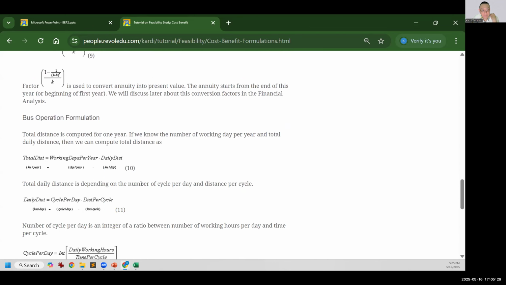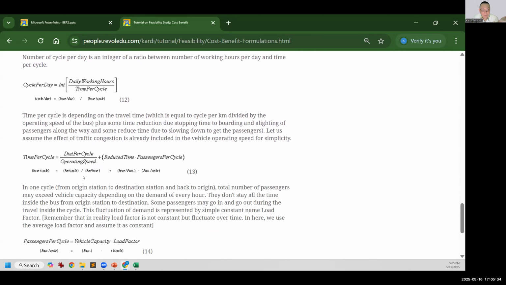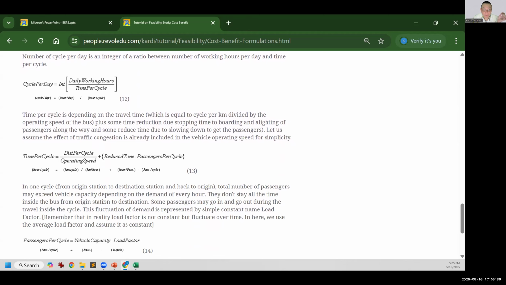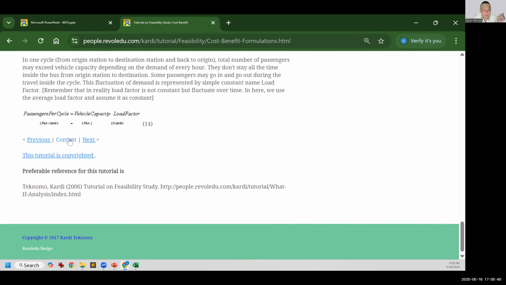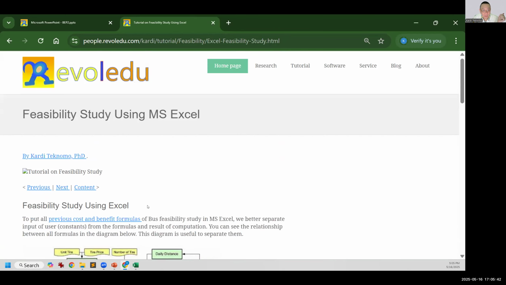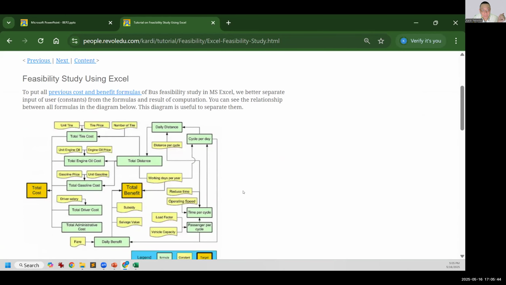Again, another variable is the bus operation. So we need to include everything, all the operation, including the possible load factor, distance, and so on. And from there, these are the diagrams to compute the total cost and total benefits.